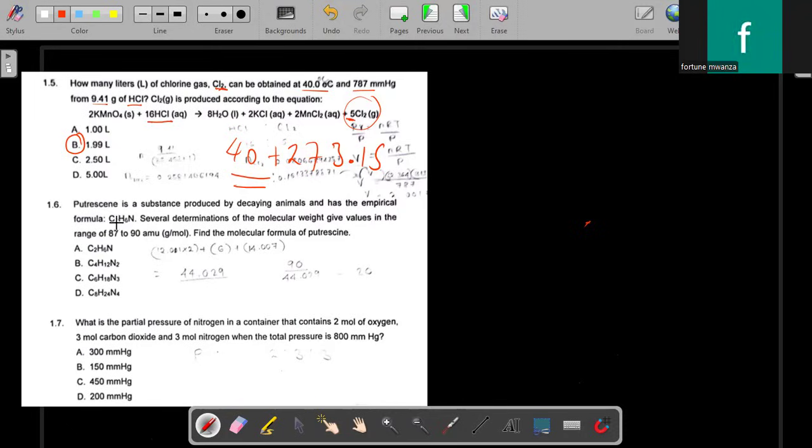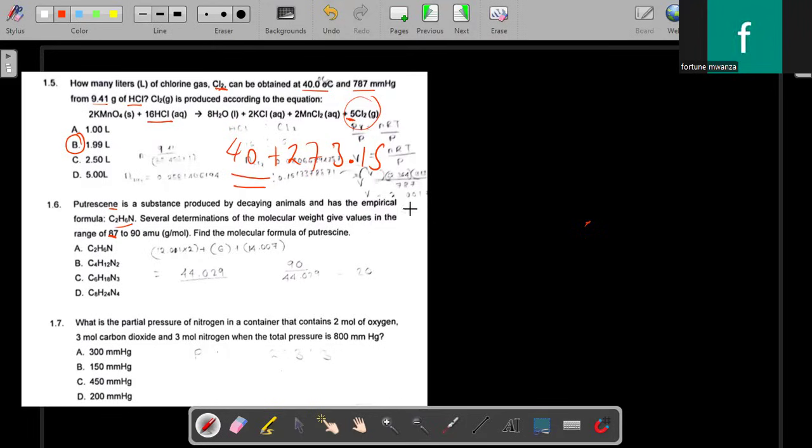Several determinations of the molecular weight give values in the range of 87 to 90 atomic mass units, or grams per mole. So find the molecular formula for this substance.